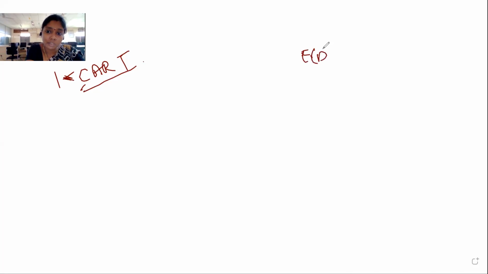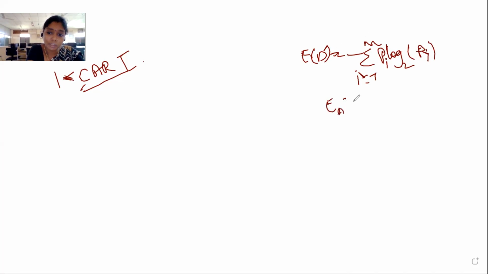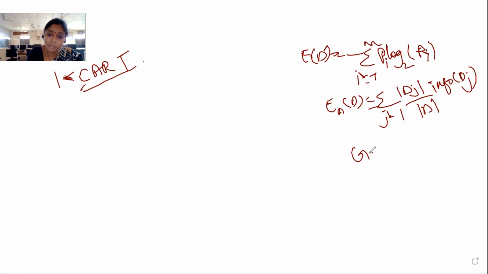The entropy of the entire data set, which we already know, I am just rewriting: sigma i is equal to 1 to n, p_i log2 p_i, and the entropy of the split is minus sigma j is equal to 1 to n, Dj by D. From this we get the gain value: entropy of the entire data set minus entropy of that particular attribute.